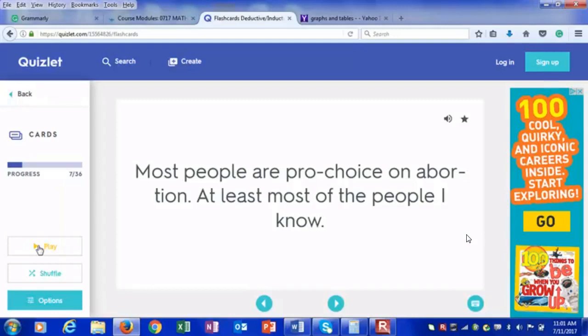Not the people you know or somebody else knows. So there has been some type of pattern established based on how many people this person asked. We don't know how many people they asked, but however many there were, there was a high likelihood that most people are pro-choice based on pattern. So let's see if we're right. Is it inductive?